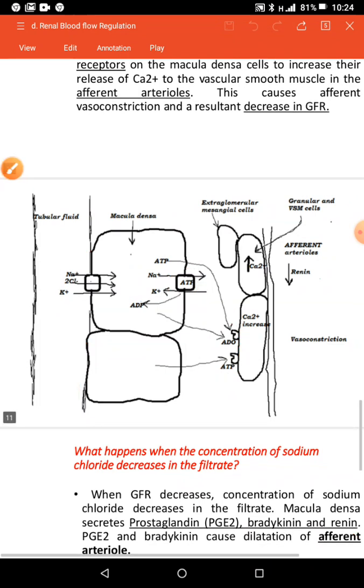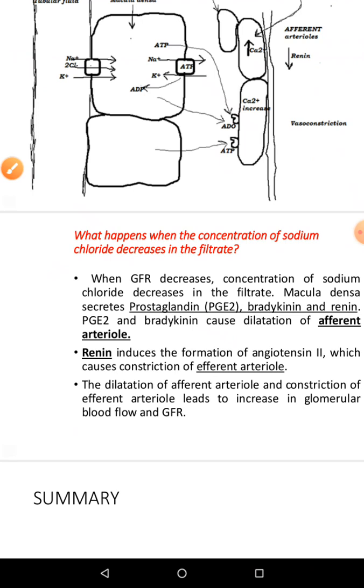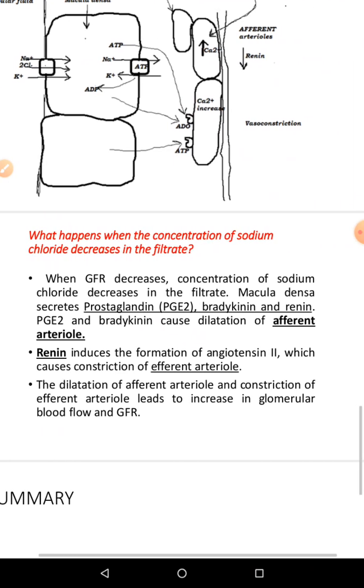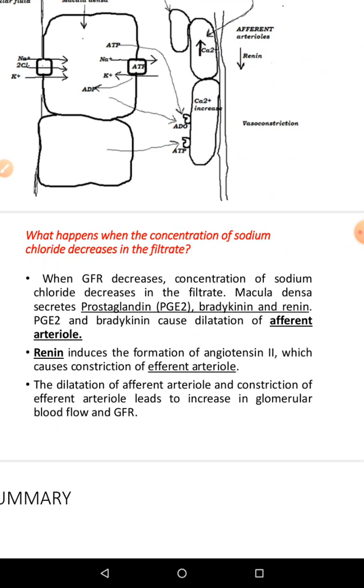Now, the opposite question can be asked. What happens when the concentration of sodium decreases in the filtrate? Sodium would decrease in the filtrate when there is low blood pressure. But we want a situation whereby the low blood pressure is raised back to normal. So there is a need for the macula densa to secrete prostaglandins, bradykinins, and renin.